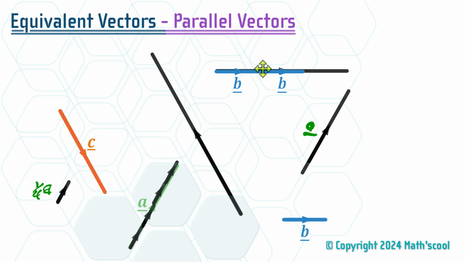I think we're going to need 3 of them. Yep, that went a lot better, didn't it? Okay, so that means that this vector here must be 3B.